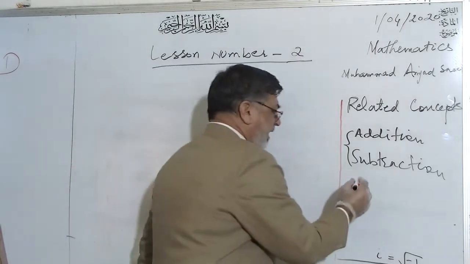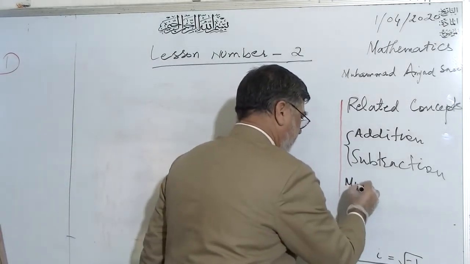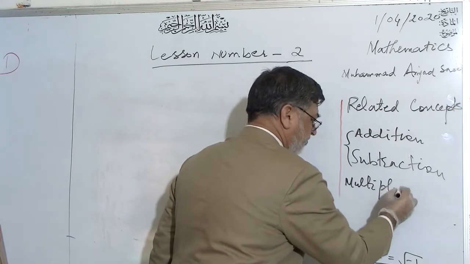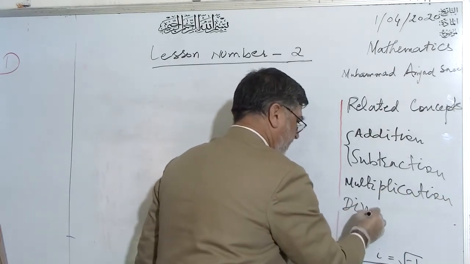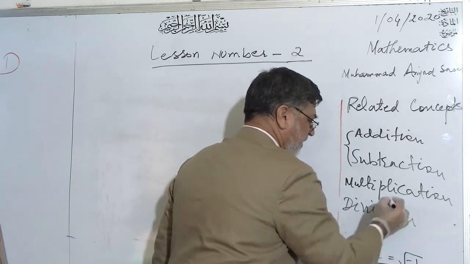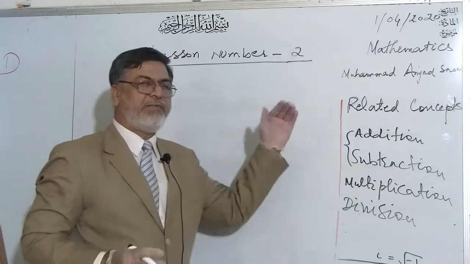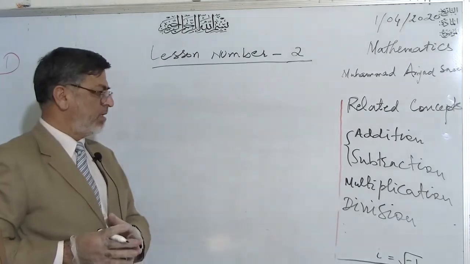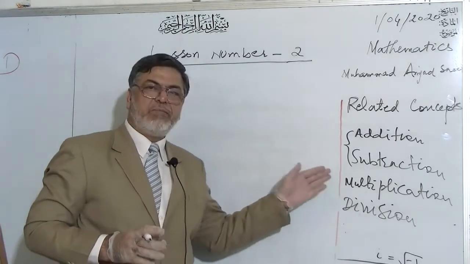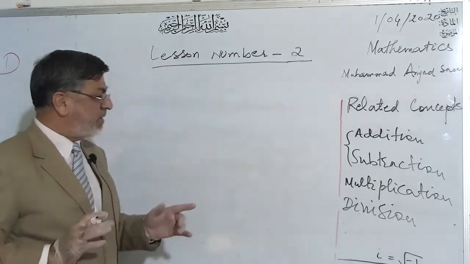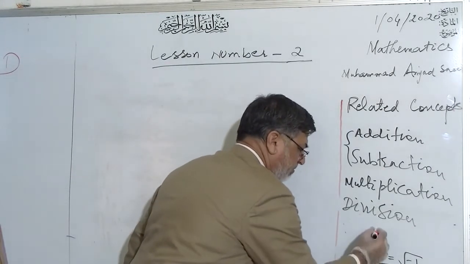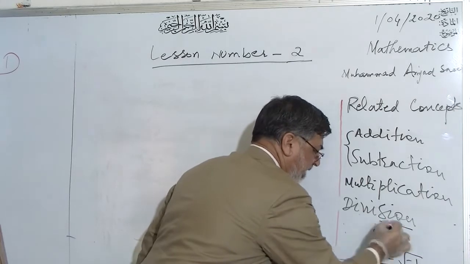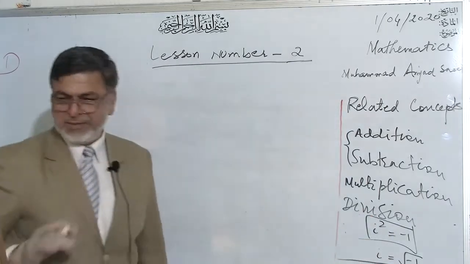After that we can have multiplication and division. In case of multiplication and division, we must keep in mind that whenever we are getting iota square, it must be used as -1.